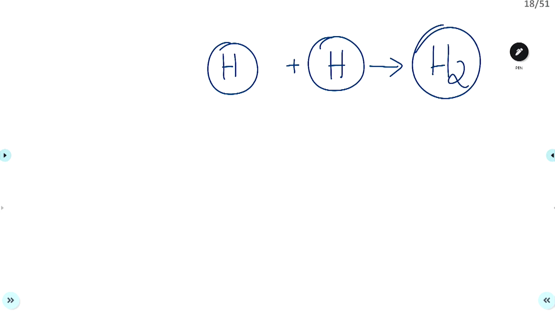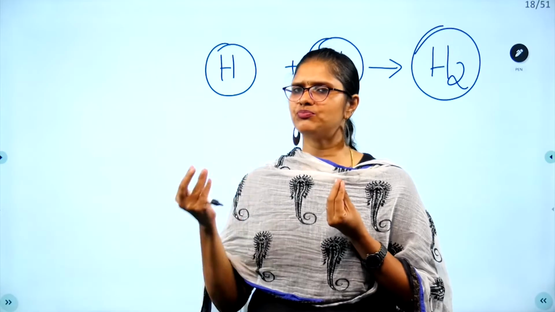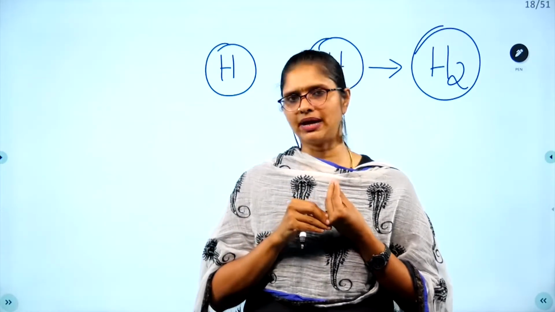Will it have similar properties or different properties? It will have similar properties because both are the same atoms. Whenever the same atoms combine, it forms a molecule, and it will have the same properties of the atoms combining.